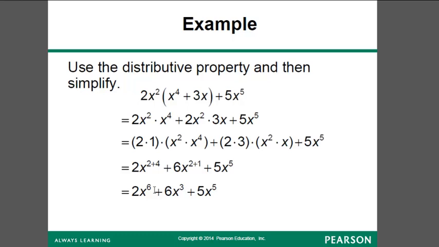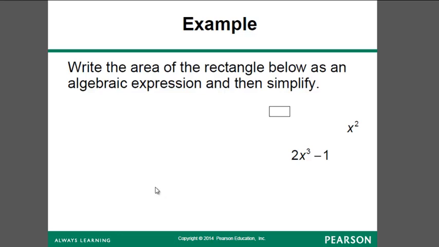Let's look at one example of finding the area of a rectangle. Here I have a rectangle and I want to find its area. The width is x squared and the length is 2x cubed minus 1. Remember, area is length times width.